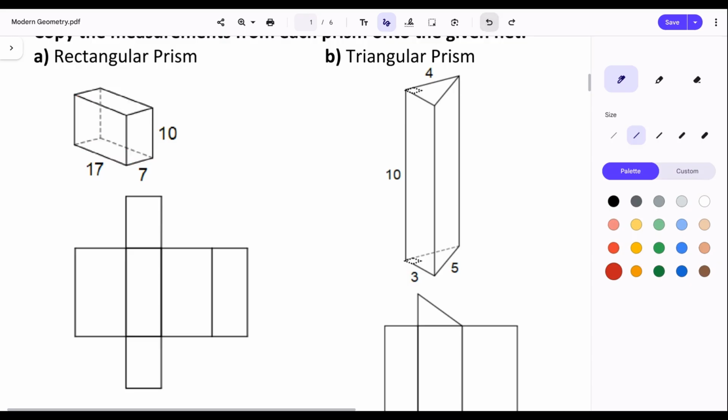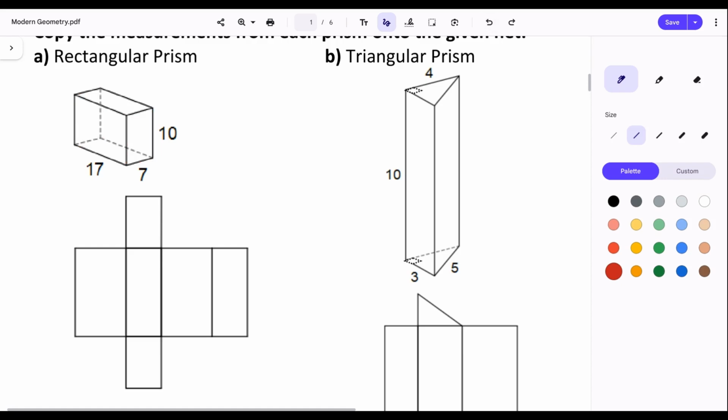But someone could argue, well, I want to use the front and the back as my bases. That would work too. That'd be me saying the front of my classroom and the back of my classroom are my bases, and everything else going this way are my faces of the shape. So you can kind of argue your way through that for a rectangular prism. That one's got a little bit more flexibility when you're trying to identify things.